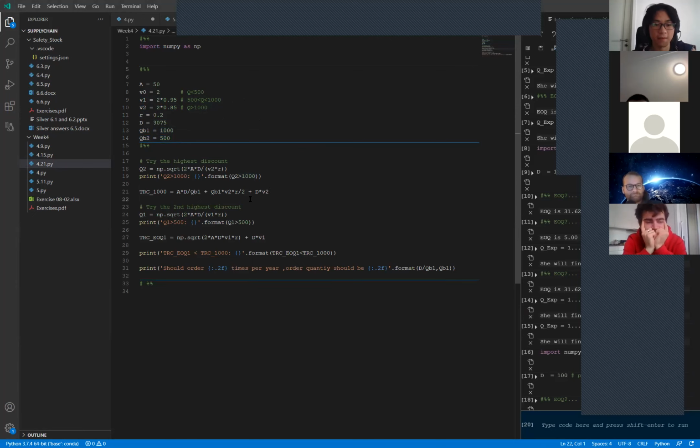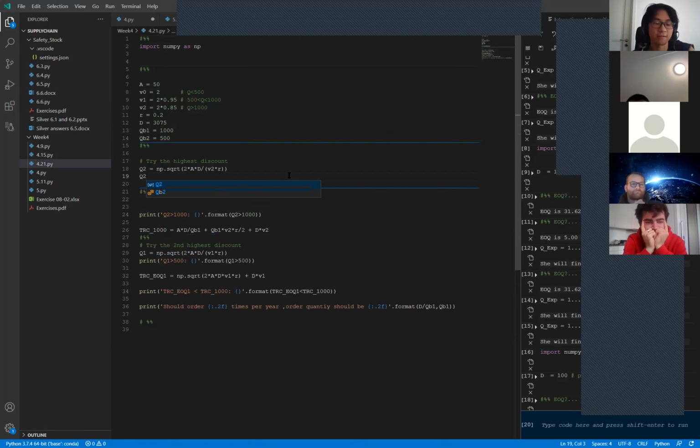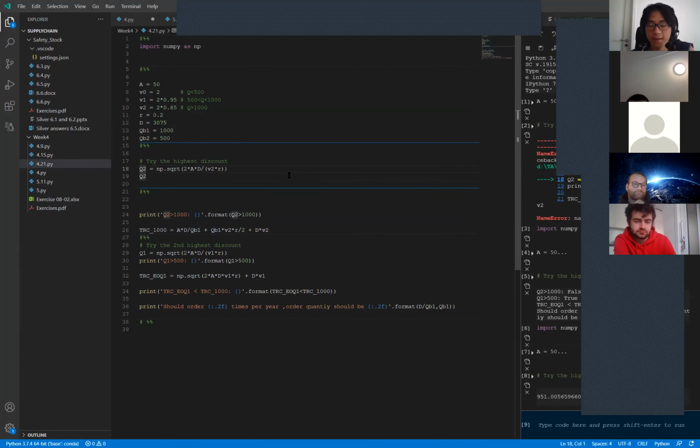And as we discussed, the first thing we want to do is check the highest discount EOQ point and see where it sits. As you can see, it's 951. So that's what we discussed. It's below 1,000, and that makes this point not viable.